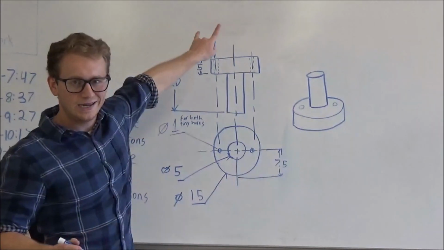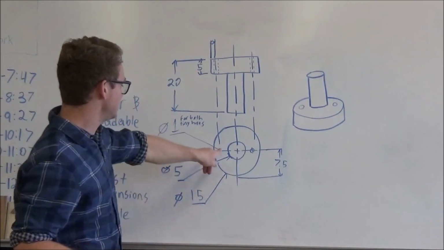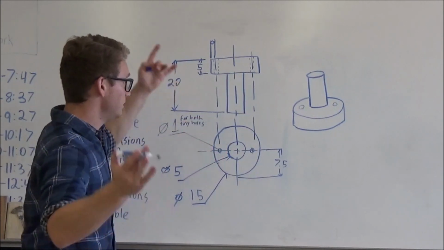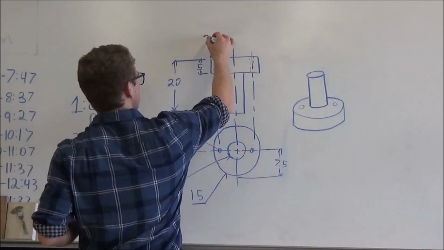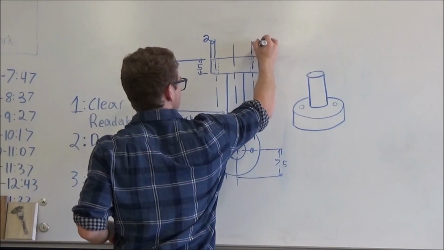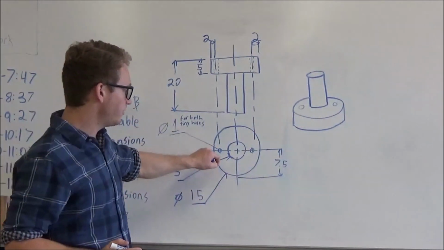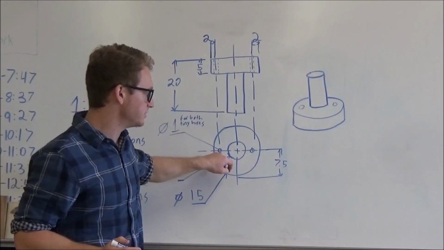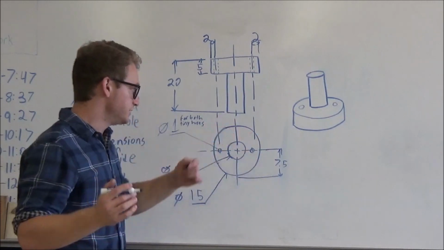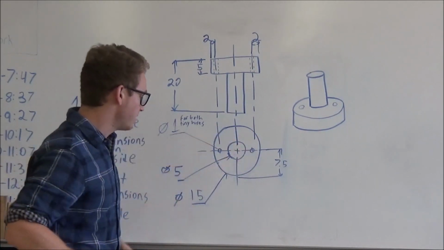When you have really tight extension lines, you can just draw the dimension off to the side. Let's say the distance between there and there, let's call it 2. Same over here. So I know from the outer edge to right here is 2, from the outer edge to here is 2. I know they are centered with this center line.